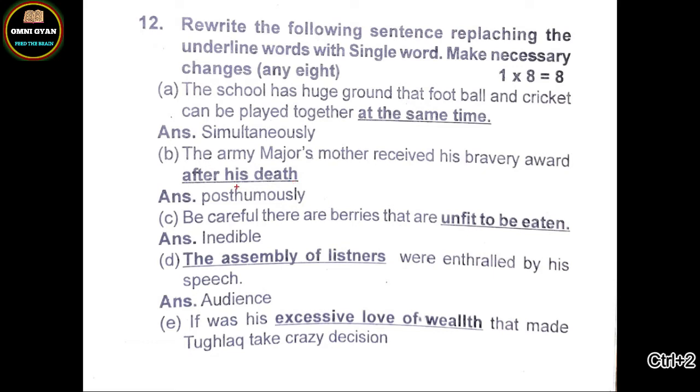So after his death is replaced by the word posthumously. Again, don't use only posthumously, you have to write the whole sentence: the army major's mother received his bravery award posthumously. Right? Okay, let's move on.